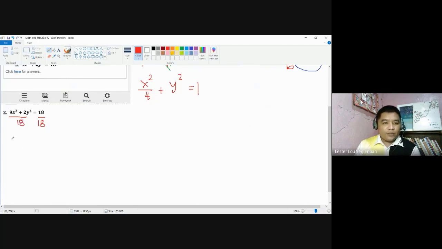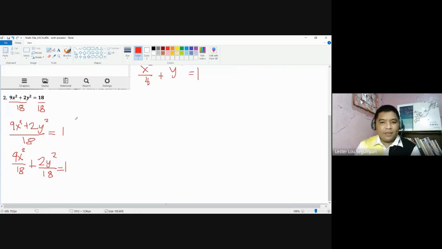So this will be equal to 9x squared plus 2y squared all over 18 is equal to 1. 18 over 18 is 1. Then share the denominator here: 9x squared over 18 plus 2y squared over 18 is equal to 1.